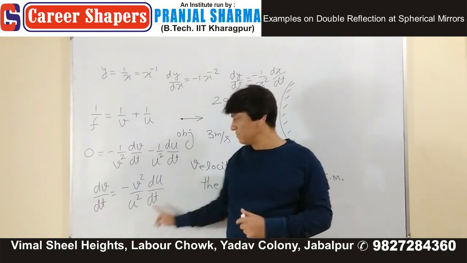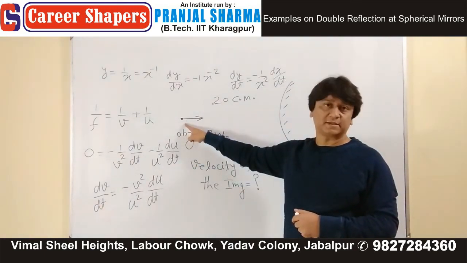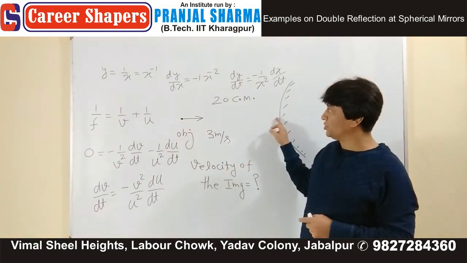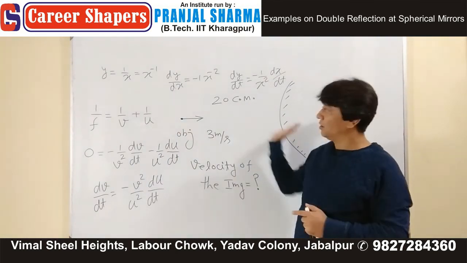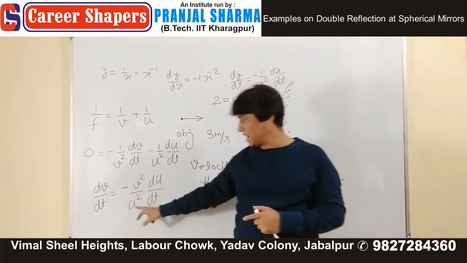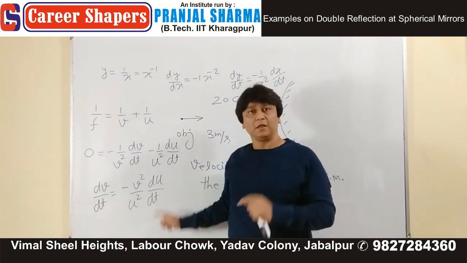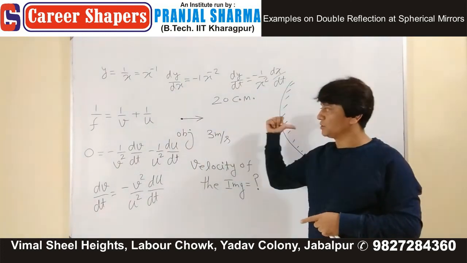u, you already have. What is du by dt? The object's displacement or position with respect to origin is 20, but the displacement is on the left side, and therefore you have taken u with a negative sign. What is du by dt? Velocity. What is the direction of velocity? Positive or negative?